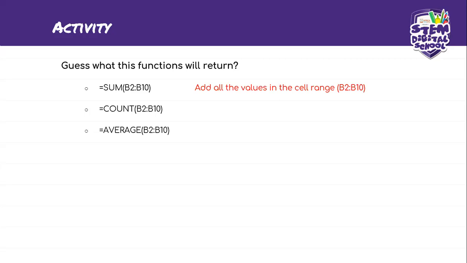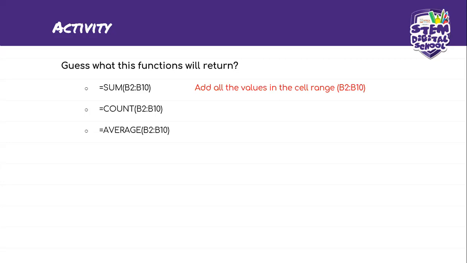So this function will calculate the number of cells that contain numerical values inside the cell range B2 to B10. So from B2 until B10, this function will calculate how many cells have numerical values inside.